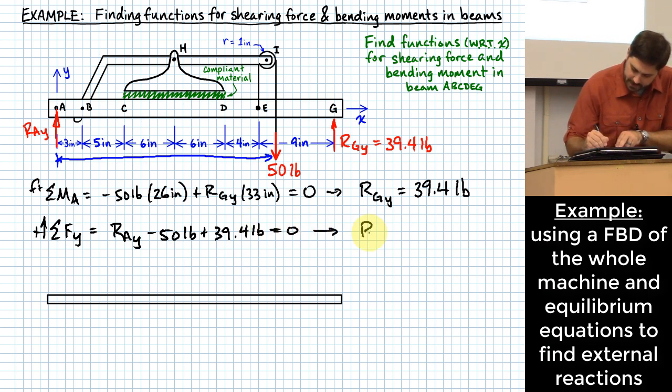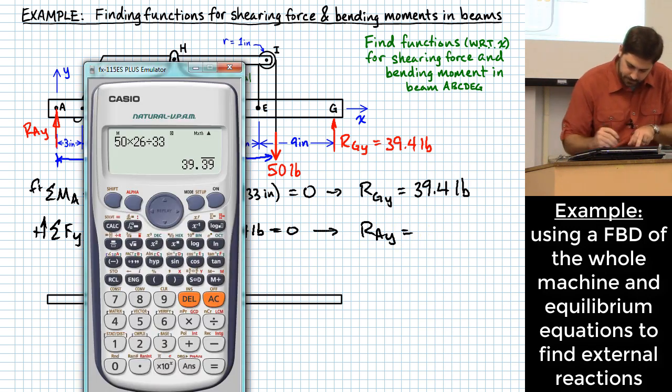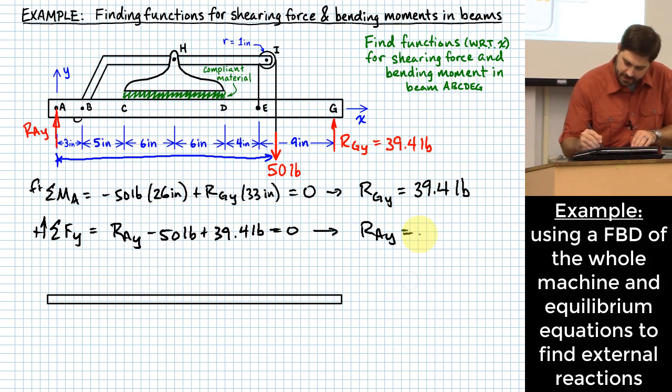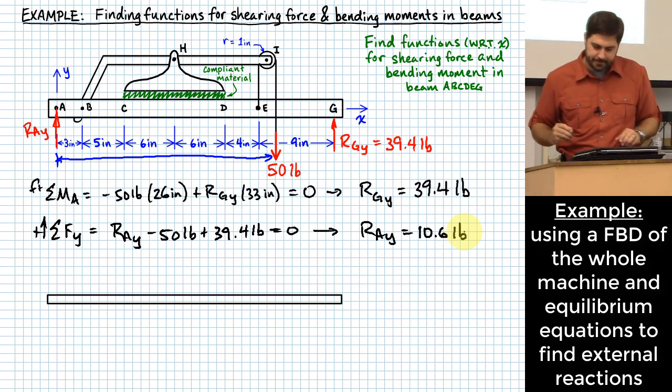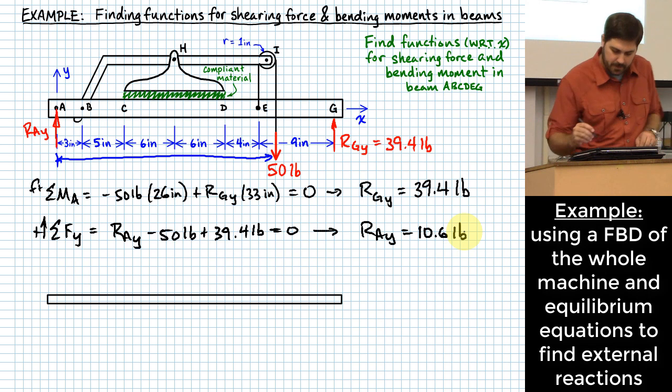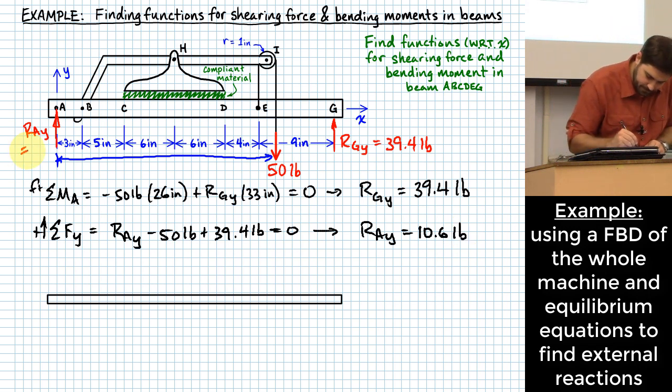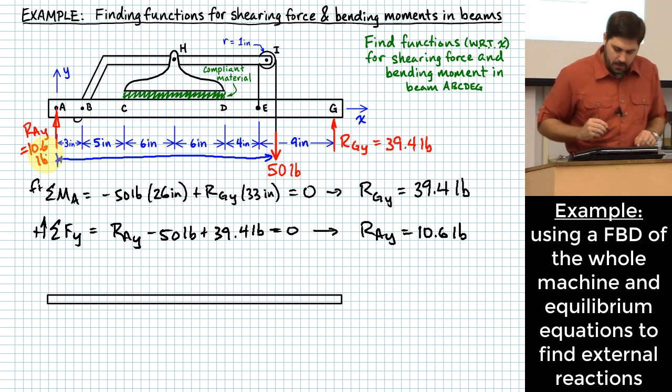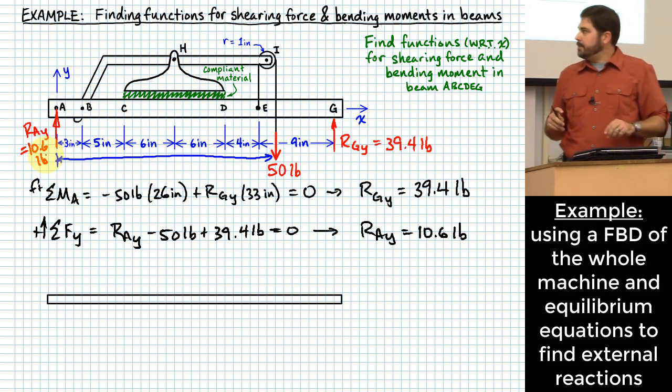Out of this, I can get RAY is going to be equal to 50 minus 39.4, which gives me 10.6 pounds. Okay, so let me put that in over here.